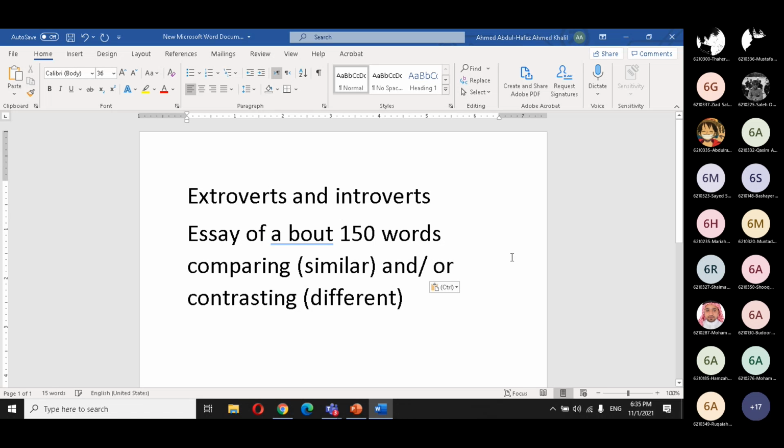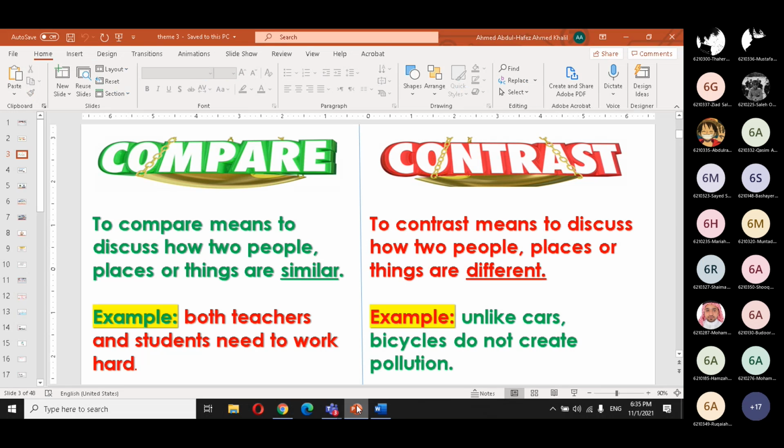And the meaning of and is that you can write about both of them, similarities and differences. So in your writing, you will be free either to compare or to contrast, or you can write about both of them, the similarities and the differences.